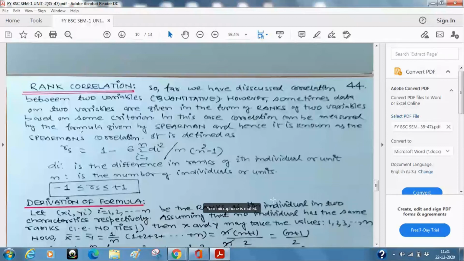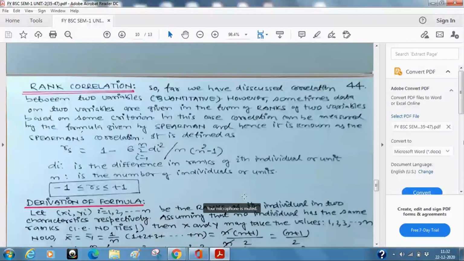Now, it may happen in real life that I give rank 3 to individual number 5. And suppose the next individual performs almost equally well as the previous one. Then I can give rank 3 to the next person also. This is called a tie.